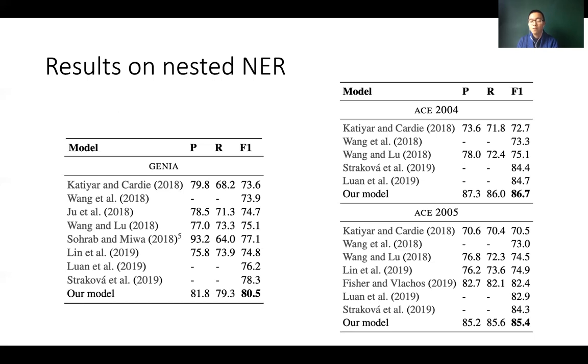As we can see from the table, our models always outperform the previous state-of-the-art systems that also use context-dependent contextual embeddings, such as BERT, ELMo, and so on, by a large margin, from at least 1 point up to more than 2 percentage points.